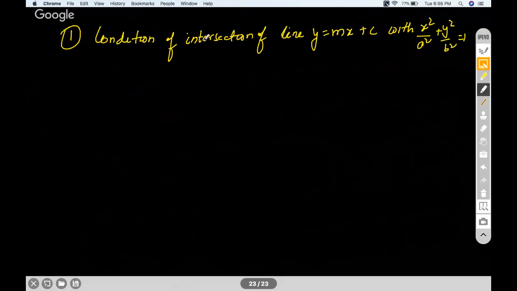And while we are doing this, we'll also find out the condition of tangency.